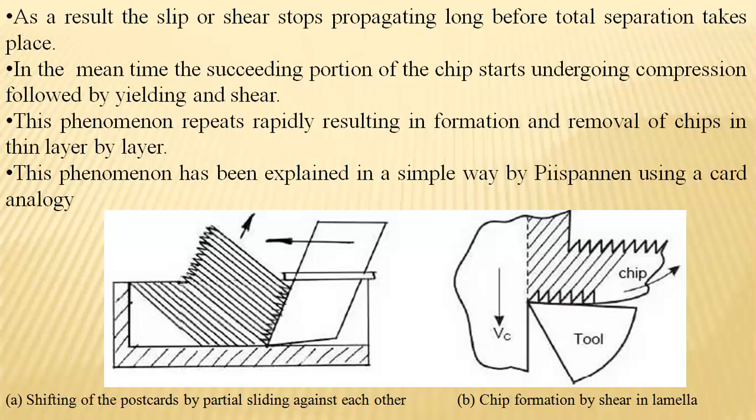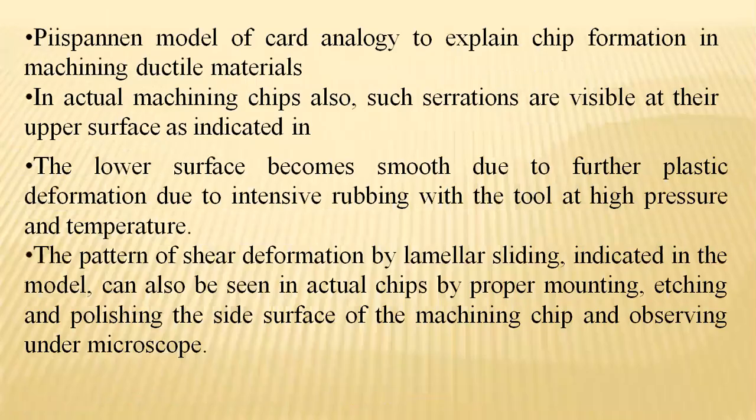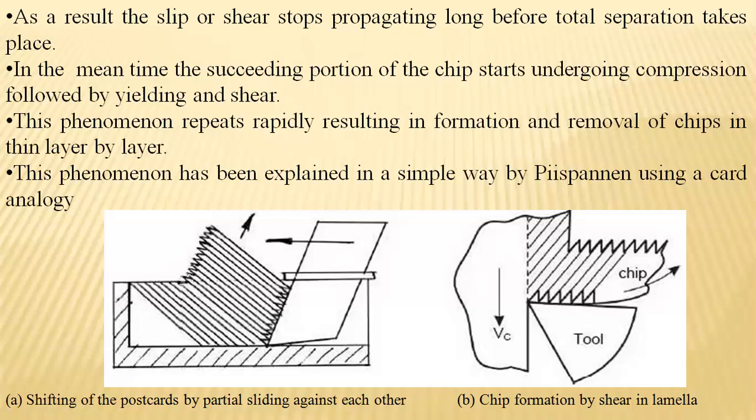When they are slid from one to another, obviously in the form of slices they get removed. Even in orthogonal cutting, the slices occur just like postcards or cards shifting.